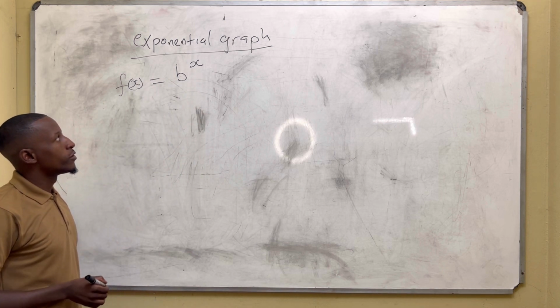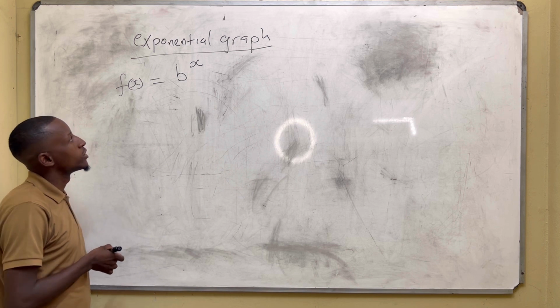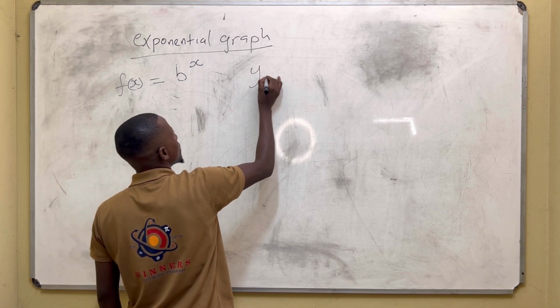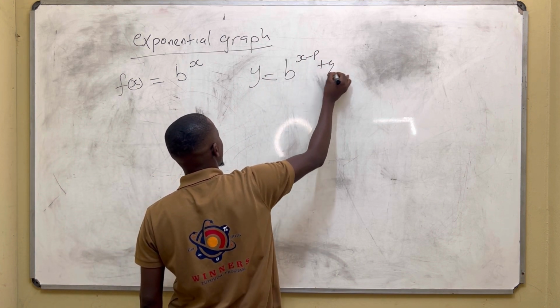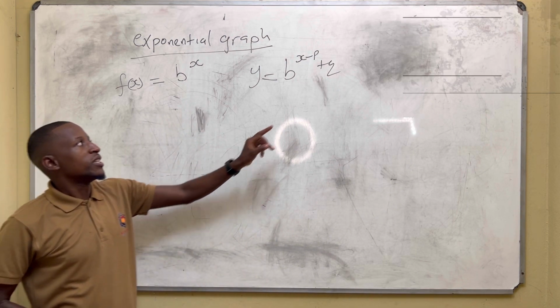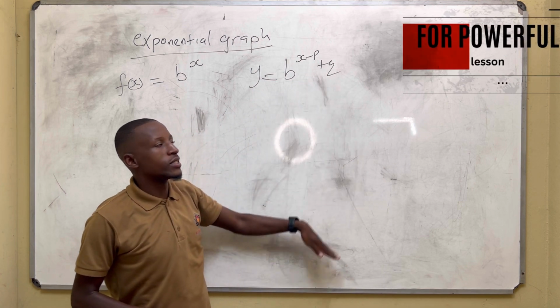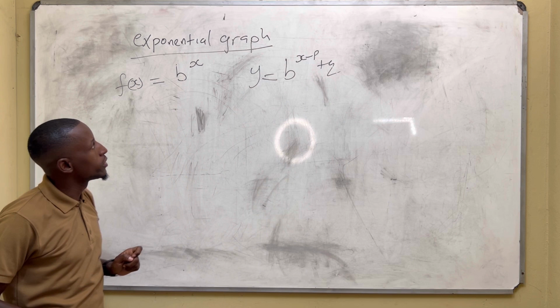So you need to know the shape, whether it's an increasing function or a decreasing function. When you find it in this way, y = a·b^(x - p) + q, it's when there is a shifting. p represents the shifting horizontally, q represents the shifting vertically, which is also our asymptote in this situation.